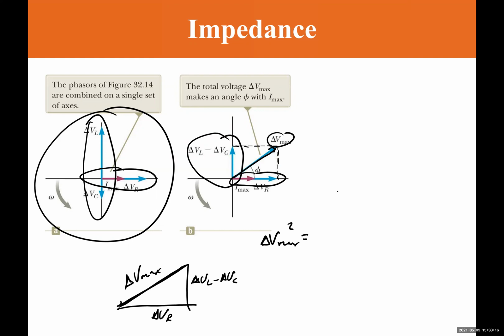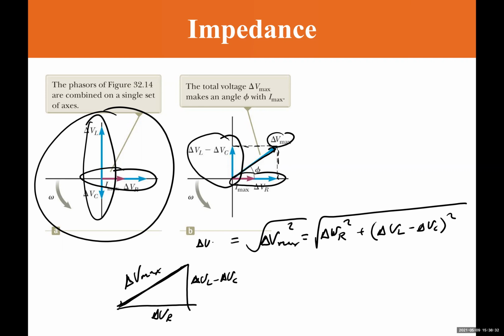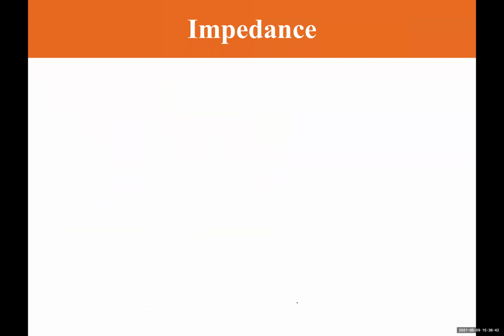Delta V max squared is equal to delta VR squared plus delta VL minus delta VC squared. Okay, so I can basically do that. And then if I take the square root of both sides, I have delta V max equals the square root of delta VR squared plus delta VL minus delta VC squared. All right, so let's rewrite this here again.